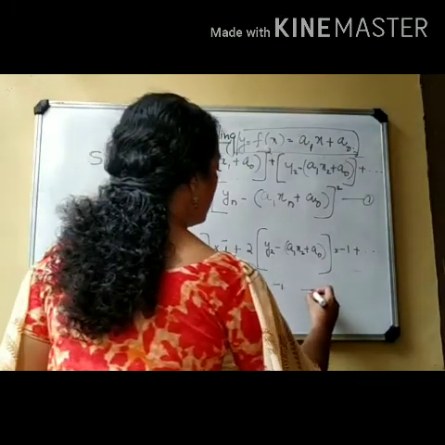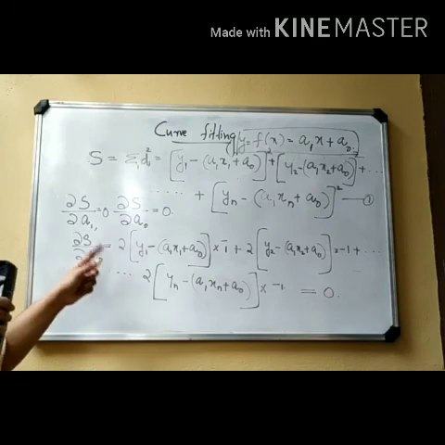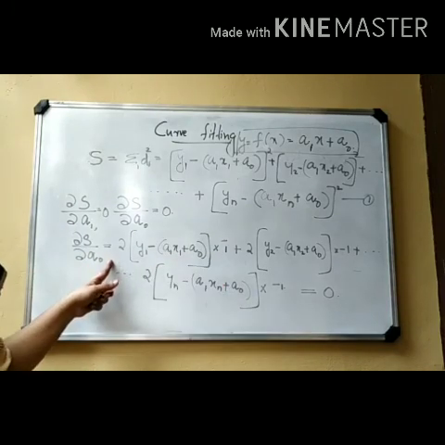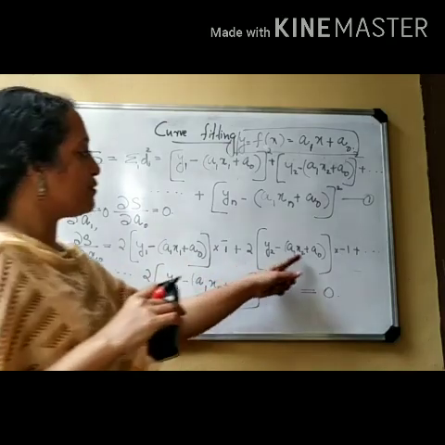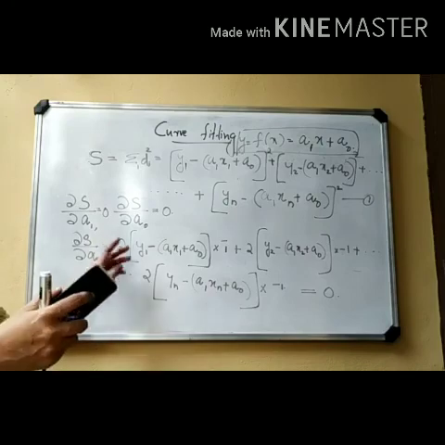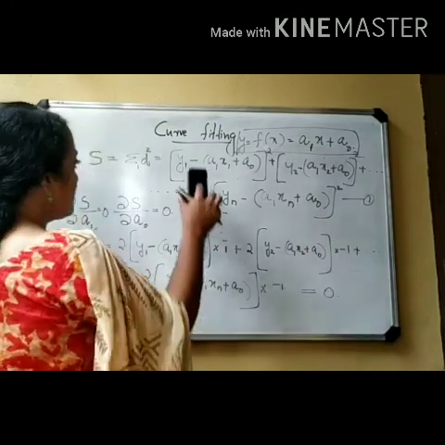And this will be equal to 0 for S to be minimum. Minus 2 is common to all the terms so that we can cancel, and the rest we are getting is only the bracketed terms.